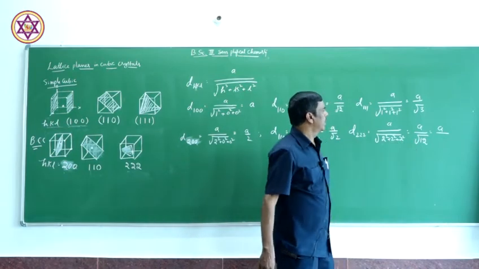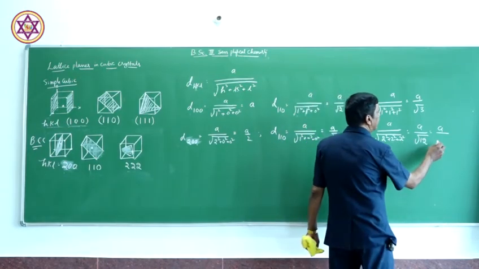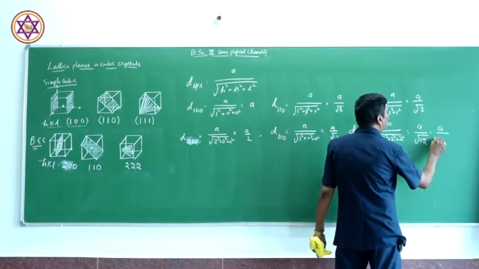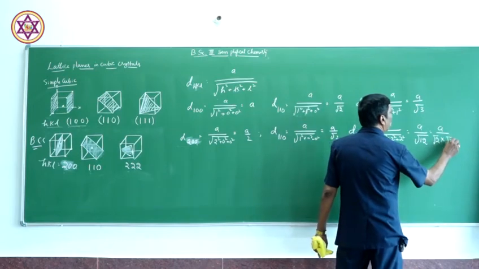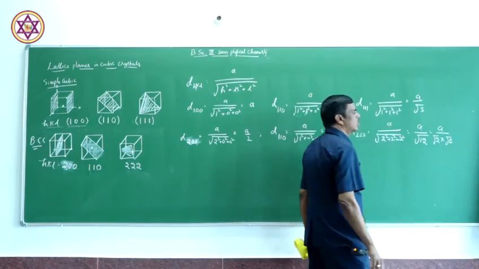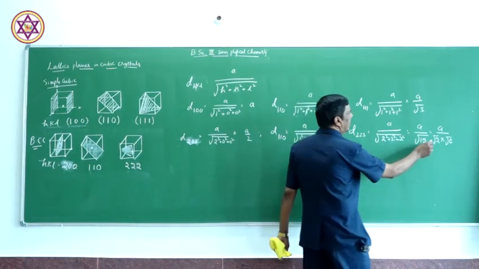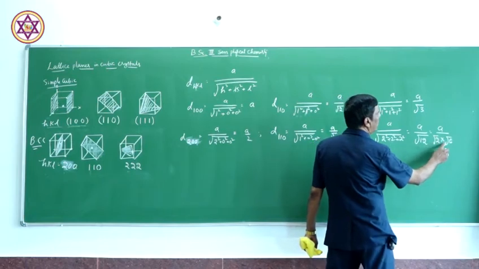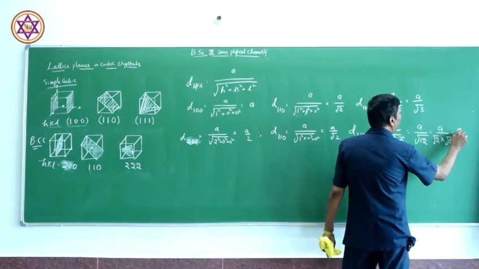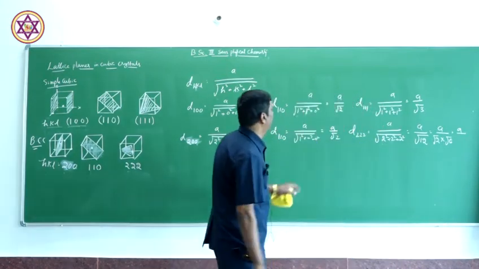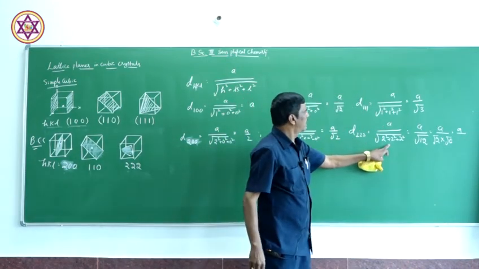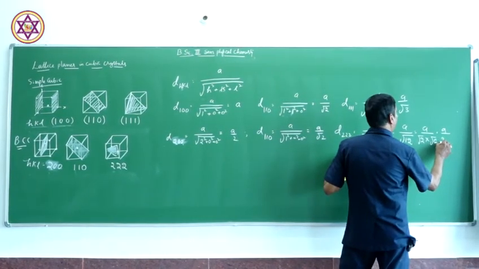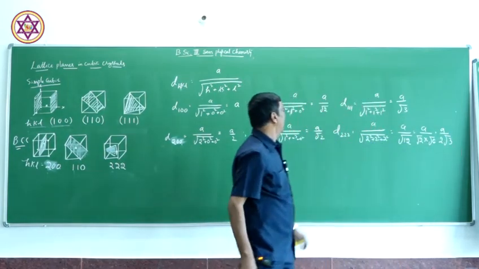Square root of 12 can be written as square root of 6 into 2, which is 2 root 3. So, d_222 is a by 2 root 3.